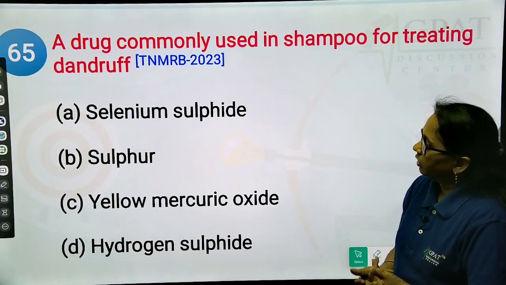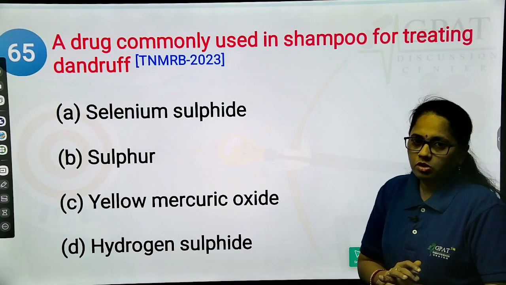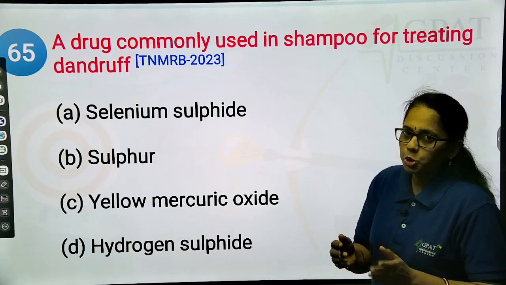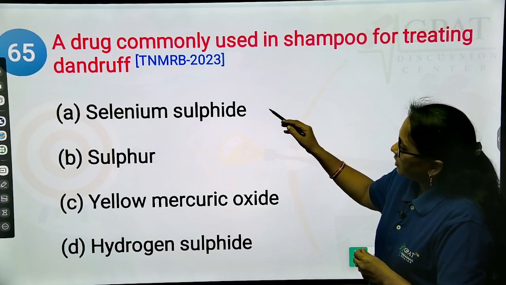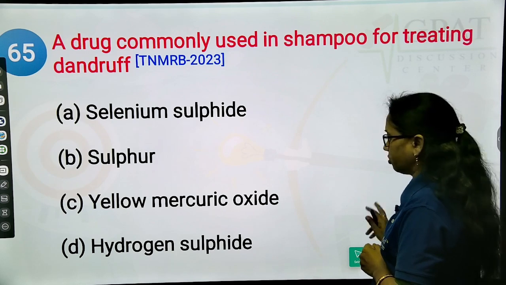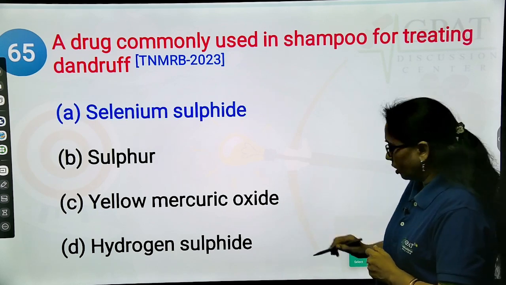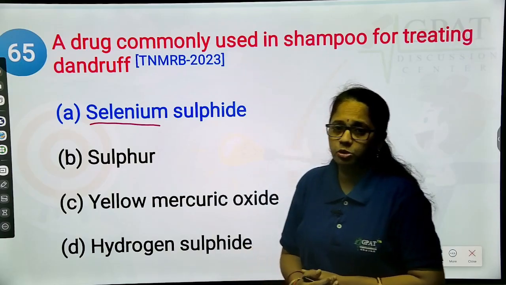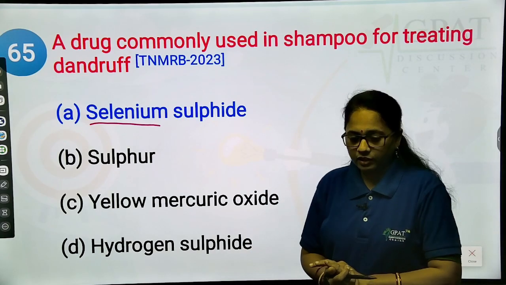Which material do the antifungal shampoos contain? They are asking whether it is selenium sulphide, sulfur, dioxide or hydrogen sulphide. We all very well know that selenium sulphide acts as an antifungal agent.